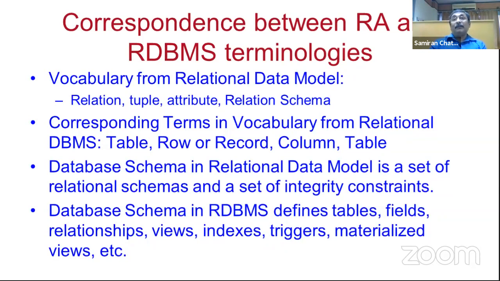Point is, not necessarily every entity will be transformed into one table. On many occasions, one entity may be converted to more than one table, and then there are entities which have relationships. For example, if there is a teacher and there is a student and there is a relationship, that is, which teacher teaches which students, then for this relationship we might need another table, right?